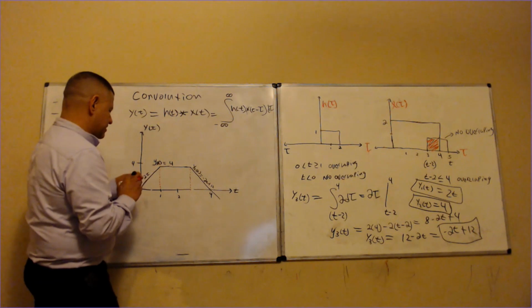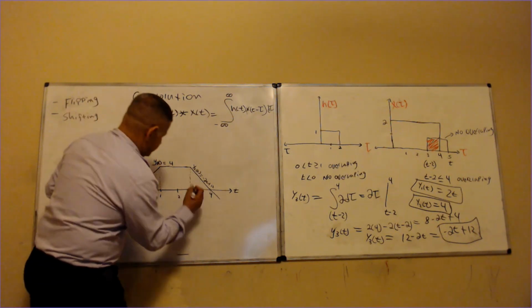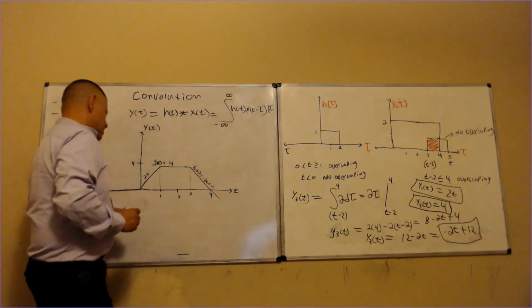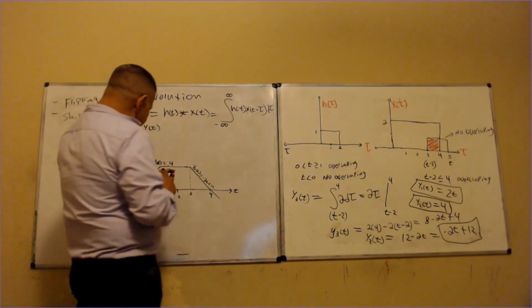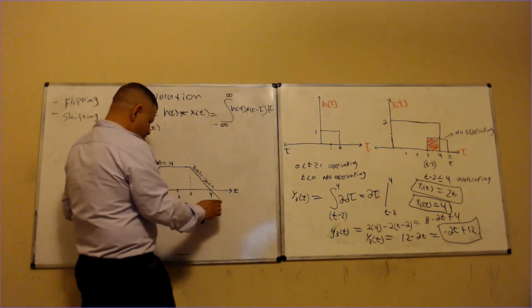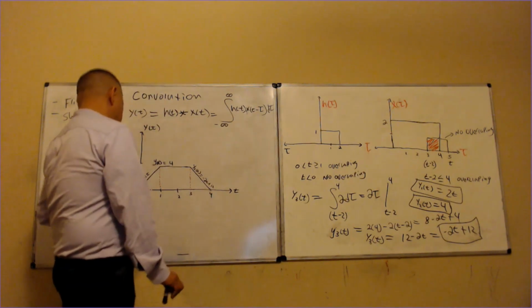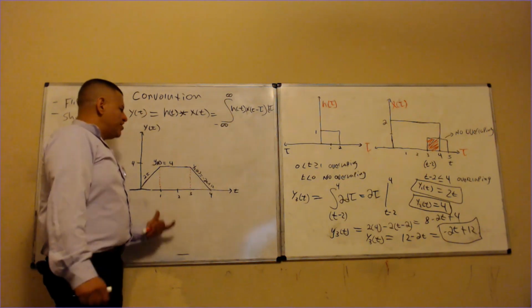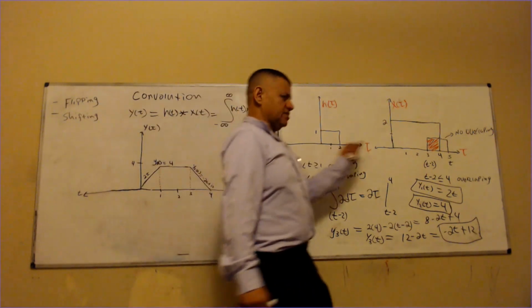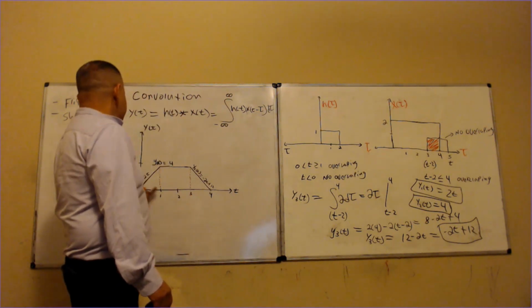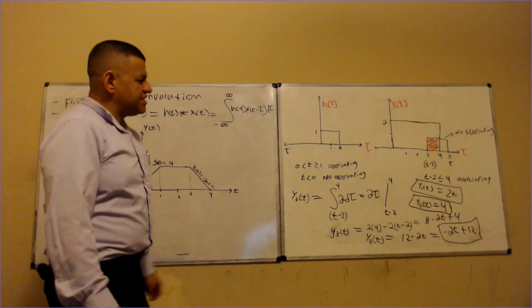And make that a 3, right? So now that would be your convoluted signal for those two signals, right? And yeah, so that's how you deal with this type of problem.